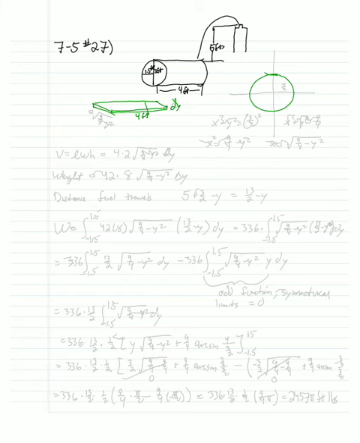I think it's most helpful to center this at the origin. And if the diameter is 3 feet, the radius is half of that, so 3 halves, or 1.5. So the formula is x squared plus y squared equals 3 halves squared. So that means x squared plus y squared equals 9/4.